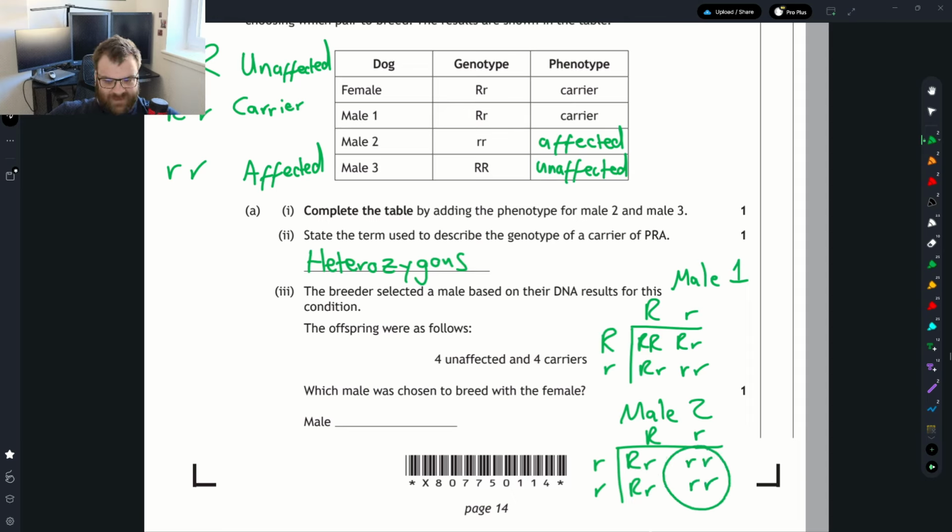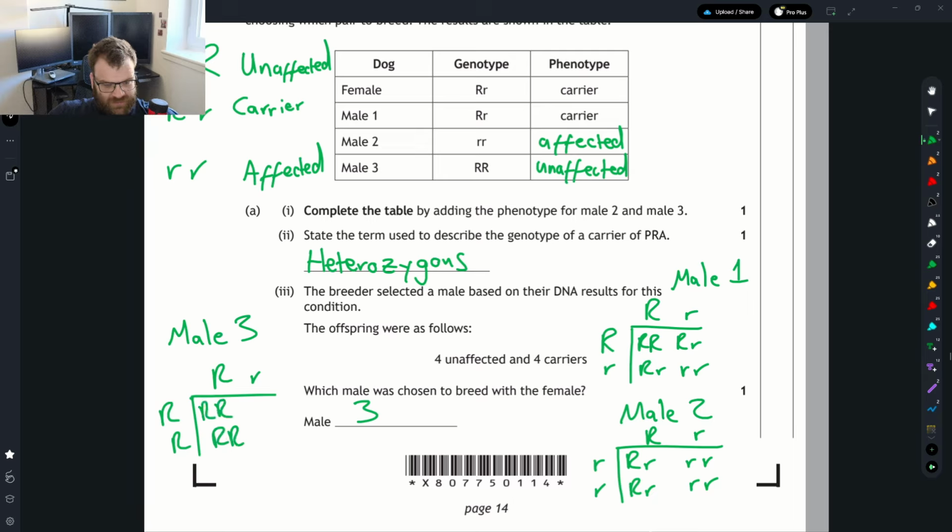But again, we've got no unaffected offspring for that. So must be male 3, but let's prove it. We've again got bigger, littler from the mother, bigger, bigger. So 2 big R's and R and R. So we've got half and half, 50-50, unaffected and carriers.